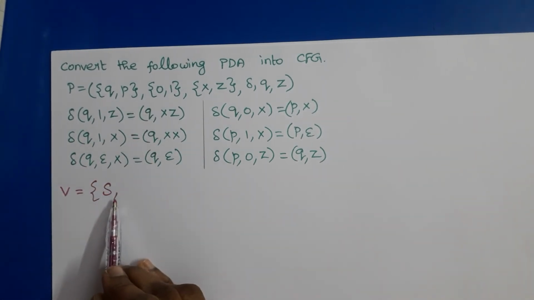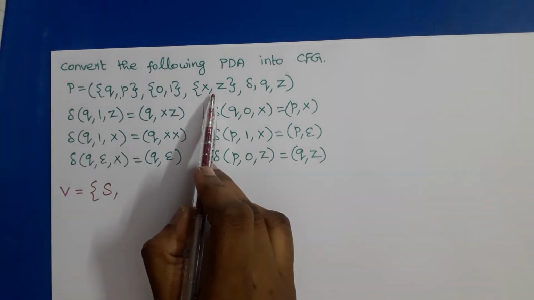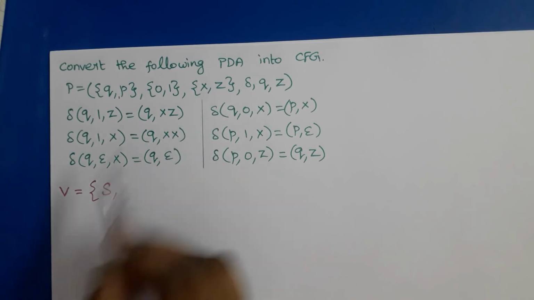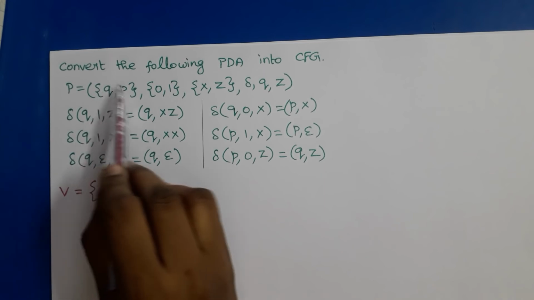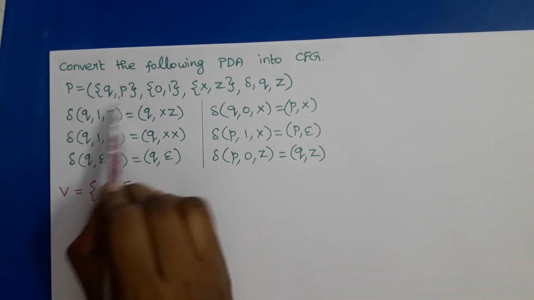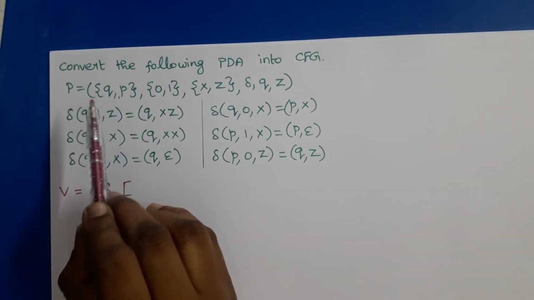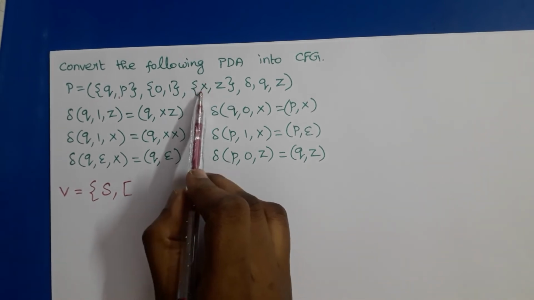So S, comma, then all possible combinations of state and stack symbol. First, there are two stack symbols and two states. So we have to first consider the stack symbol X in the middle.